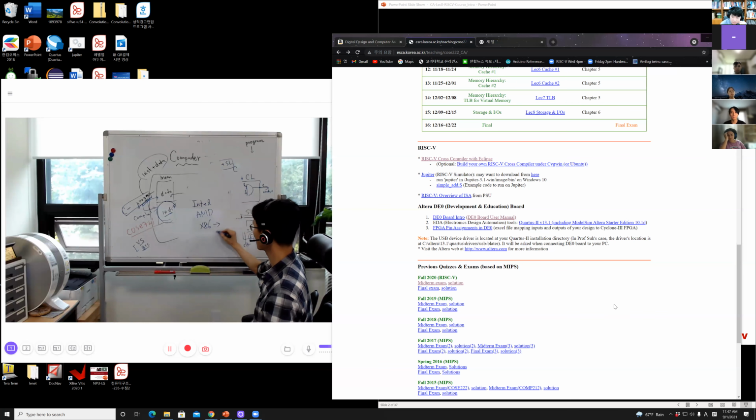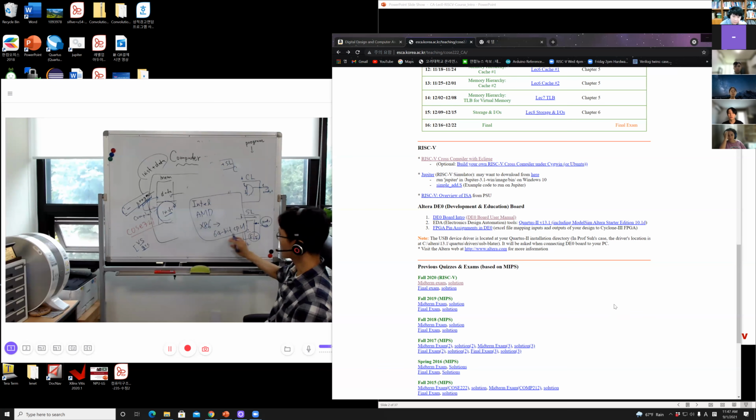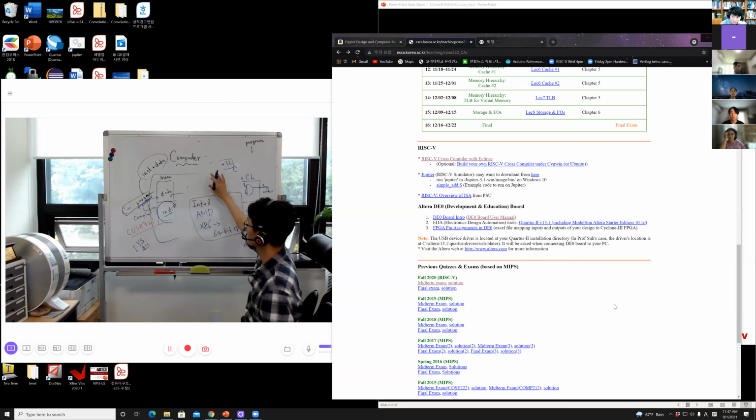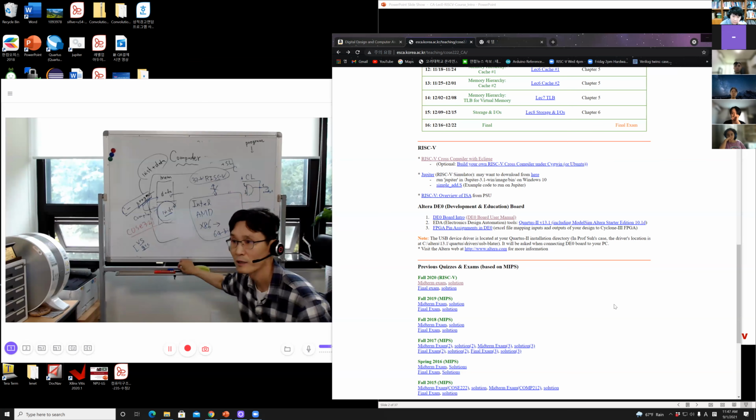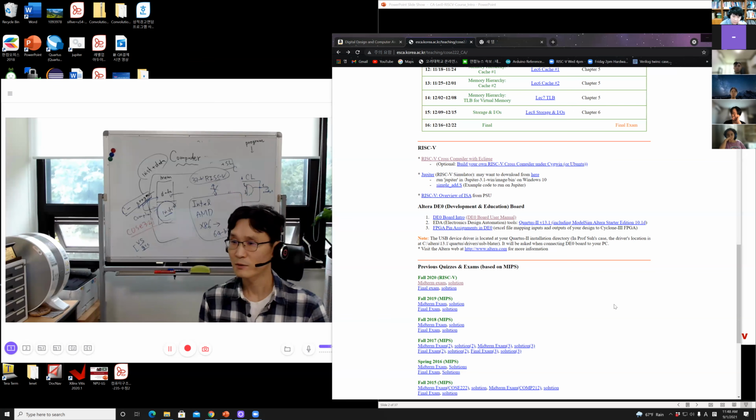It is now a 64-bit architecture, but it has nothing to do with the CPU we are going to study, which is RISC-V 32-bit. So don't worry about this. No relationship.